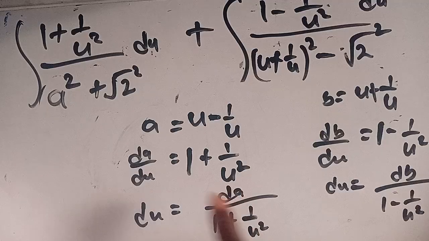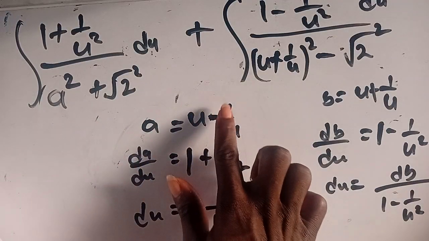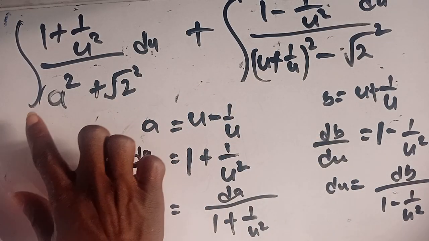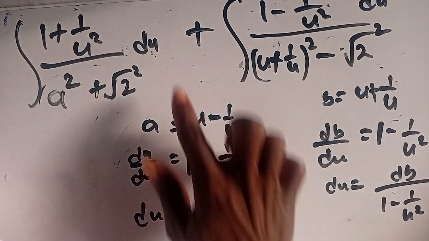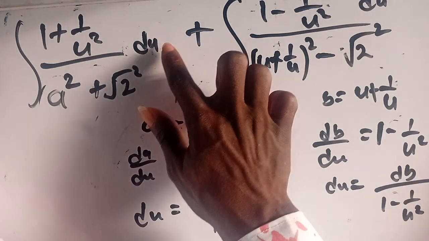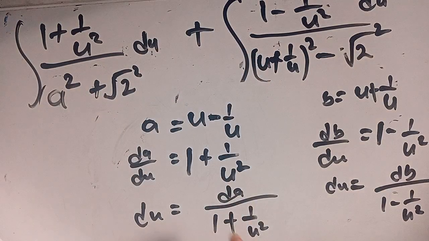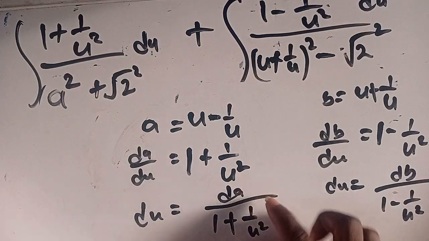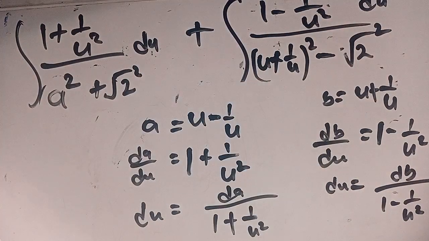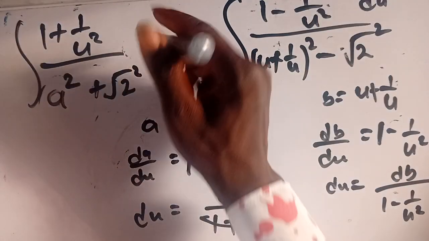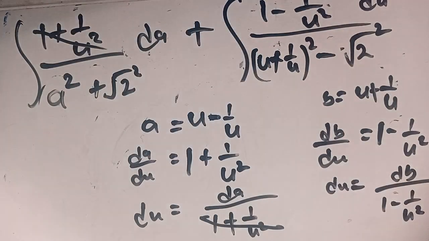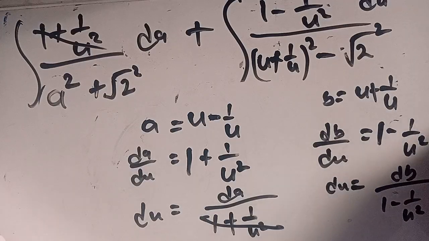Since I've changed this to A, du must also be in the form of dA. If I put dA over this here, we cancel this, so here we will have dA alone. It's because of space that I'm doing this, but I hope it's clear.